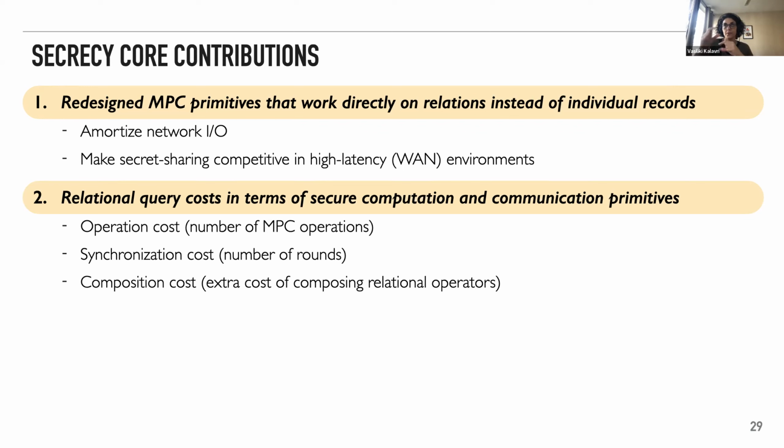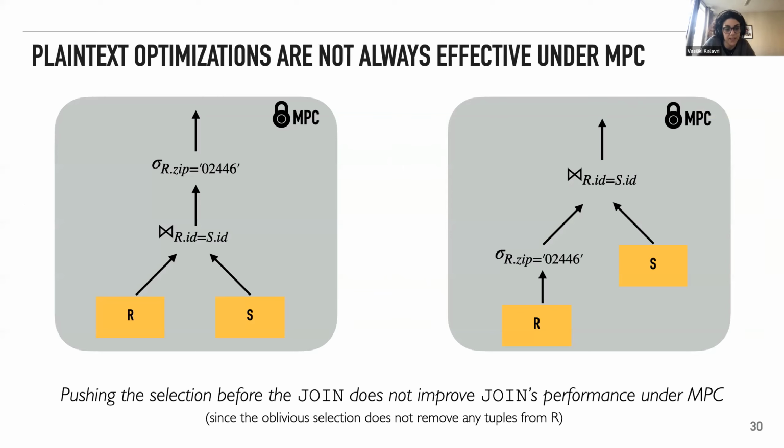If you apply an operator on the output of another operator, their cost is not just the sum of the individual costs. There is an extra cost for composing them. This makes a huge difference under MPC because, for instance, if you take a common plain text optimization like filter push down, in this query, something that any plain text optimizer would most probably apply, under MPC this has no effect really.